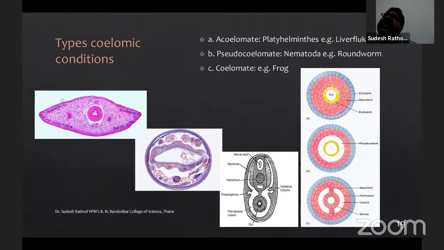What does pseudo mean? It is false. Why false? Because it is not true. What is true? True is the coelom which is having mesodermal layer on either side of coelom. That is body cavity. If it is covered by mesodermal layer on either side, external and internal, then only that particular coelomic cavity is known as true coelom.